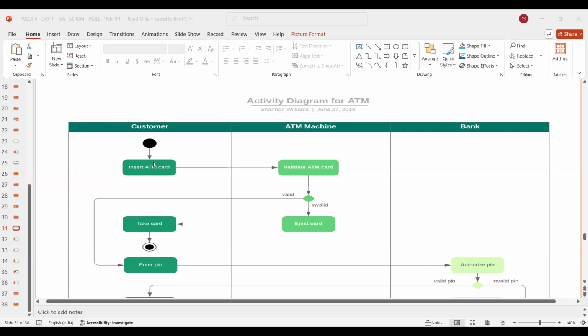Okay. Then we have to follow these arrows. These arrows have direction in them. Can you see this is going down, this is going right, this is going down, then this is going left, and then again right, so these are giving us direction. We have to follow that direction. These rectangular boxes are called action states, or action boxes for your understanding.